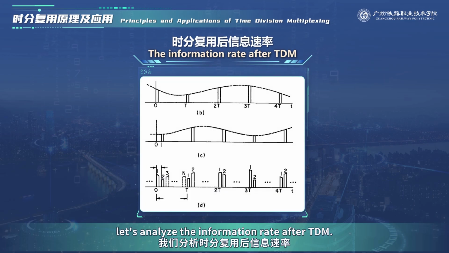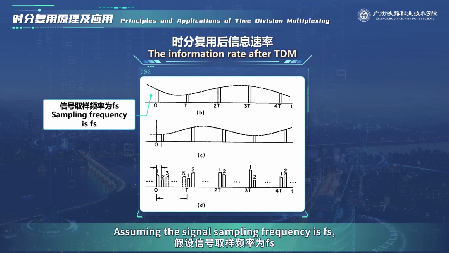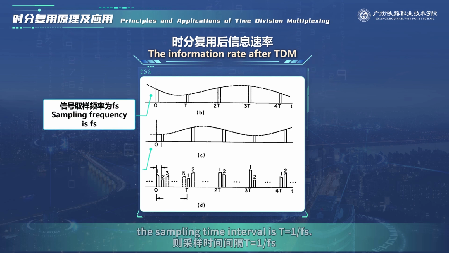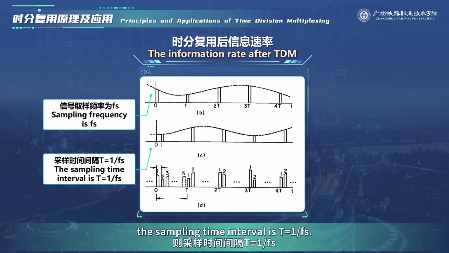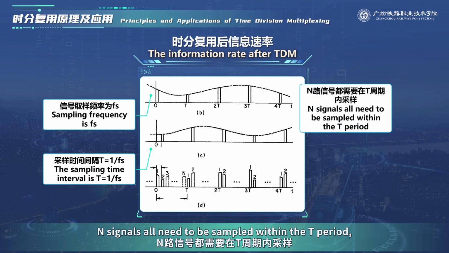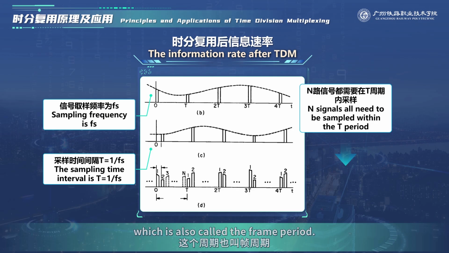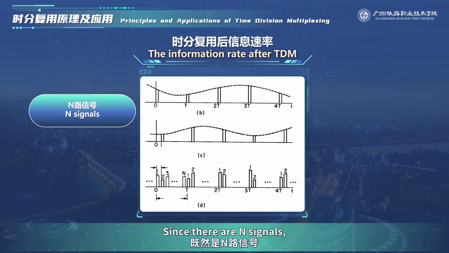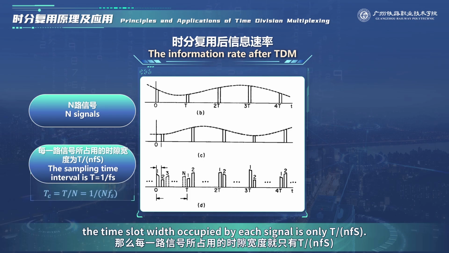Next, let's analyze the information rate after TDM. Assuming the signal sampling frequency is fs, the sampling time interval is T equals 1 divided by fs. N signals all need to be sampled within the T period, which is also called the frame period. Since there are n signals, the time slot width occupied by each signal is only T divided by n fs.